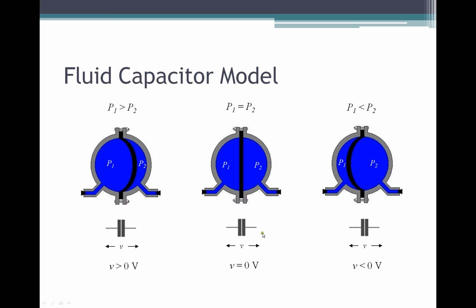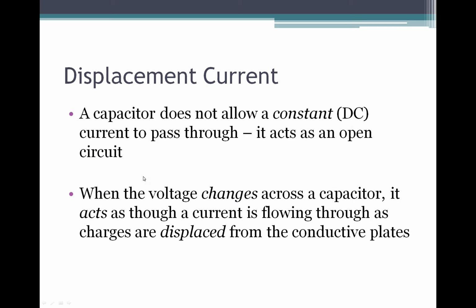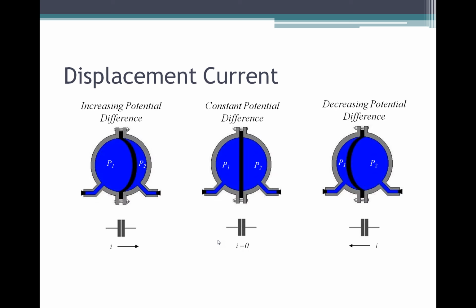This is the same way that as we increase the pressure on one side of this tank, water is going to move out of the other side of the tank because it's being displaced because this membrane is moving or bending. Okay? So when the voltage or the pressure changes, it acts as though a current flows through it because charges or the liquid is displaced. All right, and we call this a displacement current.